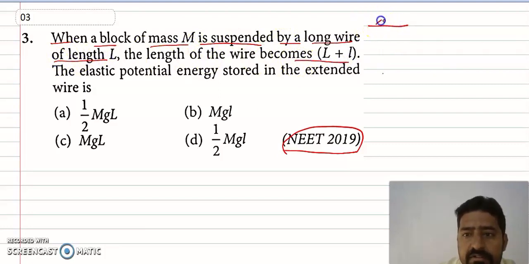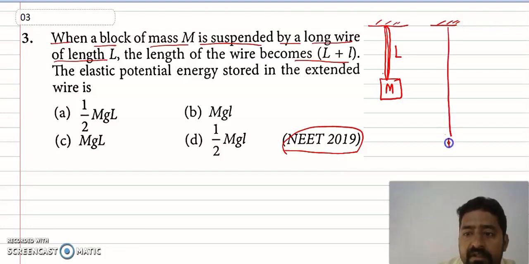So this is a wire, and this wire is suspended with the mass m by the long wire, length is L. ಏನಾಗುತ್ತೆ ಅಂತ ಹೇಳ್ತಾನೆ, the length of the wire becomes L plus l. So then elastic potential energy stored by the extended wire.